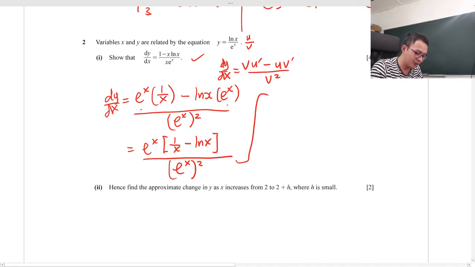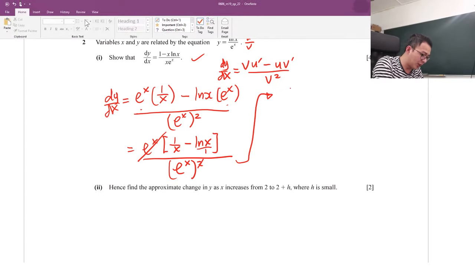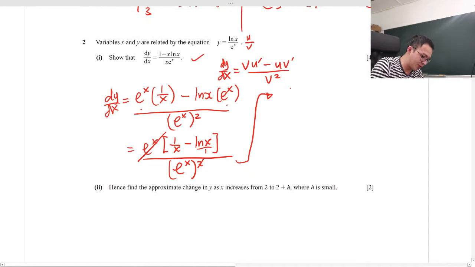Then what I will do next is e^x and e^x I will simplify, and on the top I will just rearrange them. This is over 1, isn't it? So I will make them the same denominator. I multiply x here, I multiply x here. So therefore I should get (1 minus ln x) over x e^x.